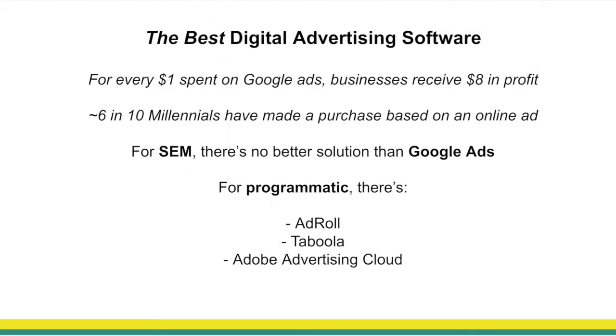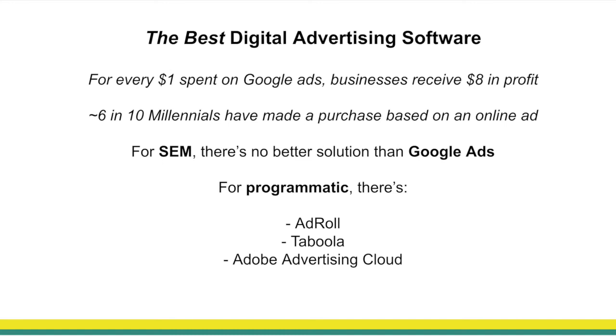And while we're all sick and tired of paid ads, it's not time to fully jump ship there yet either. To this day, believe it or not, every dollar spent on Google Ads brings in $8 in profit. And that's nearly 6 in 10 millennials now reporting buying something based on an online ad.